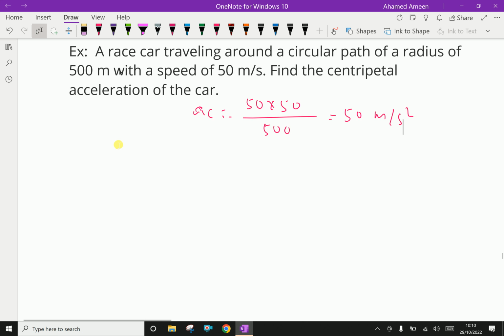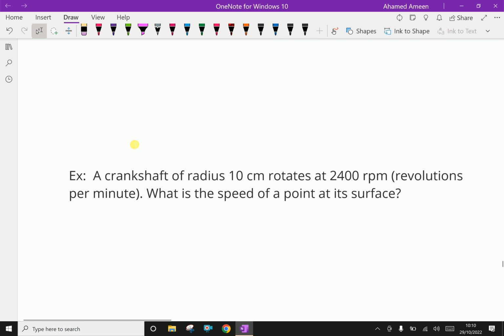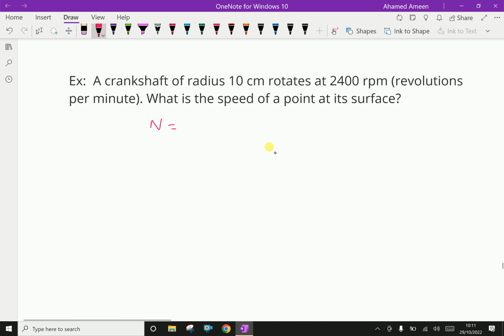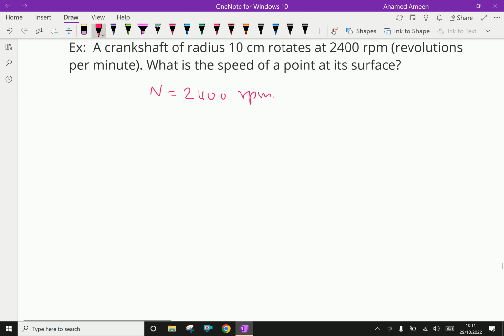Next question. A crankshaft of radius 10 centimeter rotates at 2400 rpm, that is revolutions per minute. What is the speed of a point at its surface? Now this rpm, revolutions per minute, n equal 2400 rpm, and omega, angular velocity, is 2 pi n by 60.